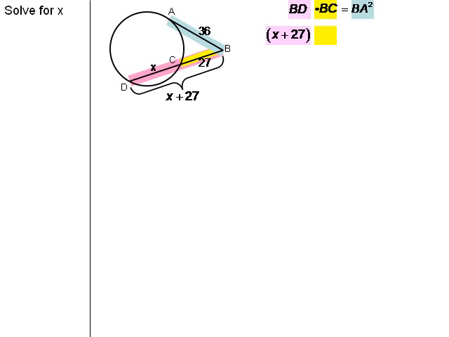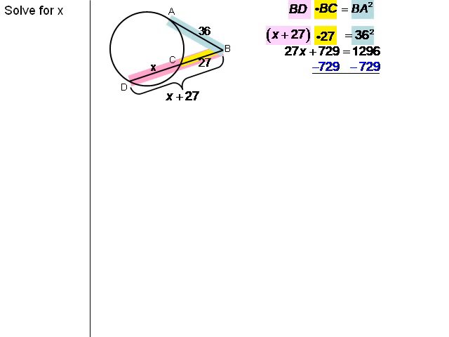BC is 27, BA is 36. So x plus 27, that quantity, times 27 equals 36 squared.